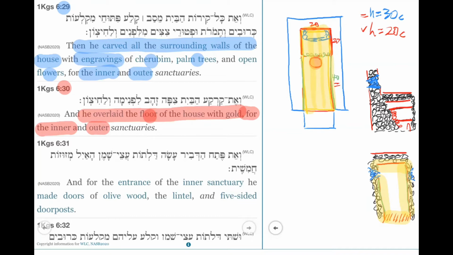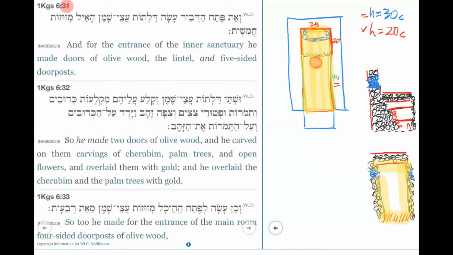Now we go on to our next part of the description. In verse 31, and for the entrance of the inner sanctuary. This is with regards to the back of the whole house.